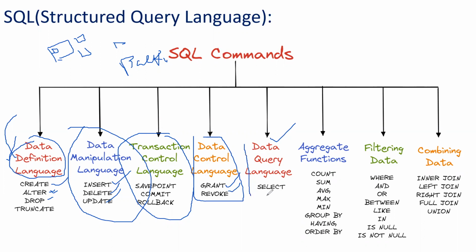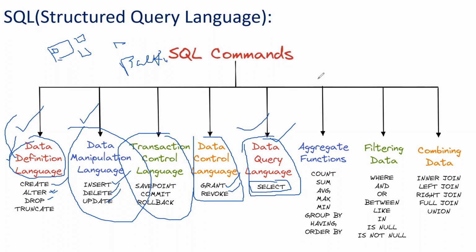This is very, very important. Of course, all are important. This is the mostly used command, that is select. So today we are going to discuss this one and this one.